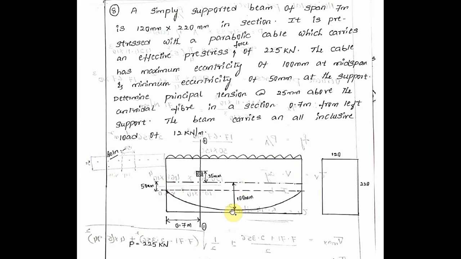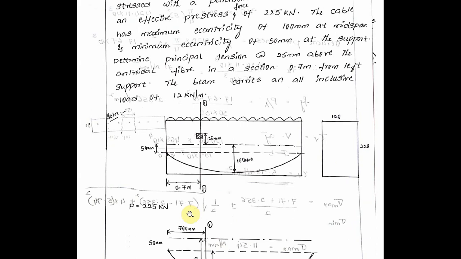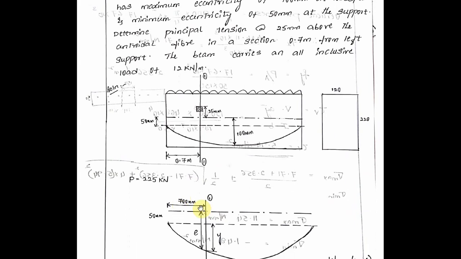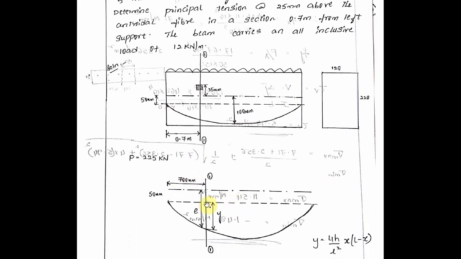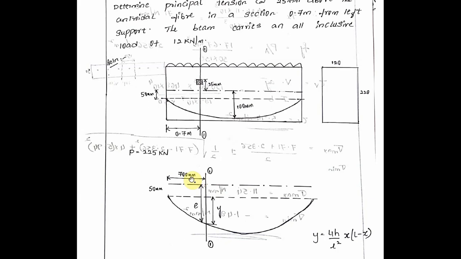The cross section of the beam is 120 by 220 mm, with prestressing force 225 kilonewton. This is 700 mm, then 50 mm from the center, the CG, and this is the e value and this is the y value.